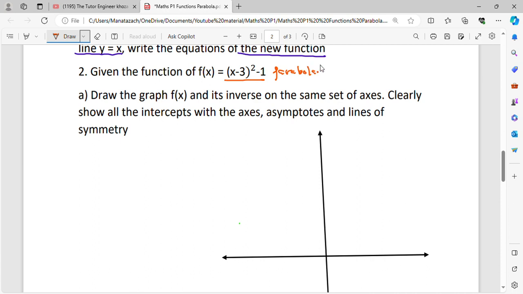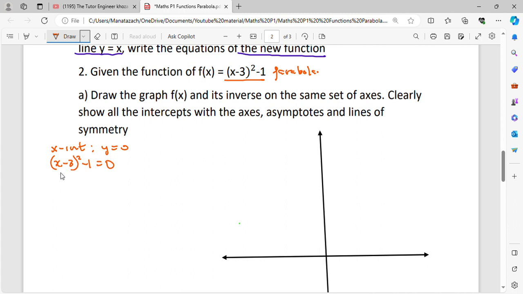So in order to plot it, let's start by working out the x-intercepts. We'll set y equals 0, and then we'll solve for x. So now we have x minus 3 squared minus 1 equals 0.